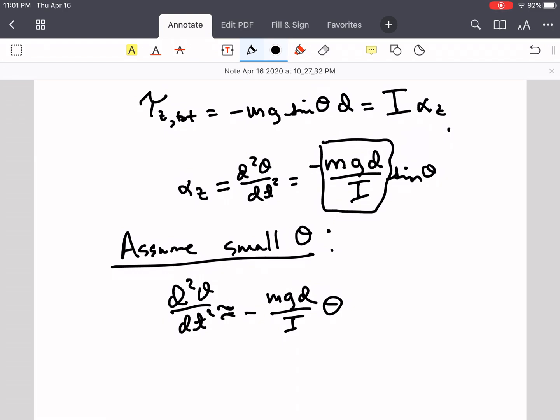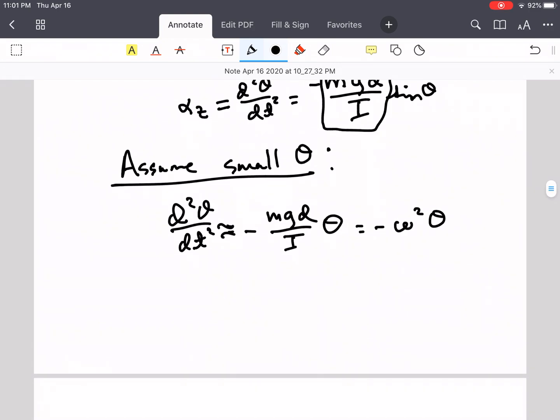Sine theta is approximately theta, which is our equation for a simple harmonic oscillator. And so we see the angular frequency omega is the square root of mgd divided by I, where m is the mass of the object, g is g, d is the distance between the pivot point and the center of mass, and I is the moment of inertia about the axis of rotation.